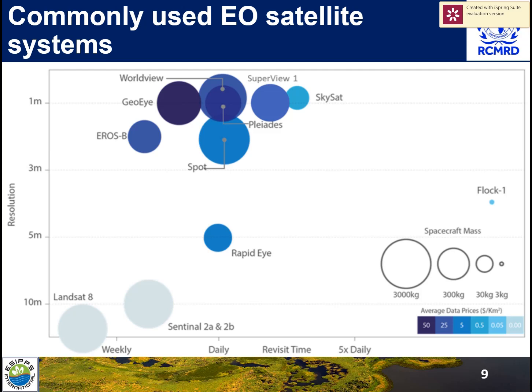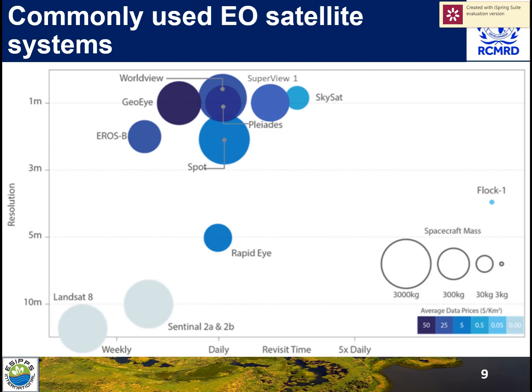So we can see that different satellites have the ability of having both a high spatial resolution and a high revisit frequency, in other words, the temporal resolution. But for others, you will have a high revisit frequency but a low resolution. For example, the Flock 1.